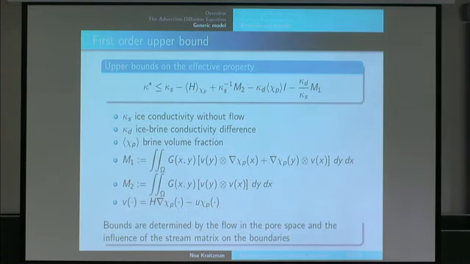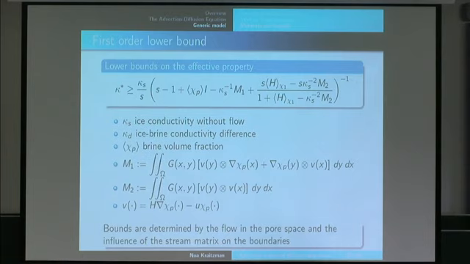So analytically, we can calculate the bounds. Using these first two moments, we can actually calculate the upper bound, which includes both the thermal conductivity of the brine and the ice. Also, it includes the average flow inside the pore space and the volume fraction of the pore space.